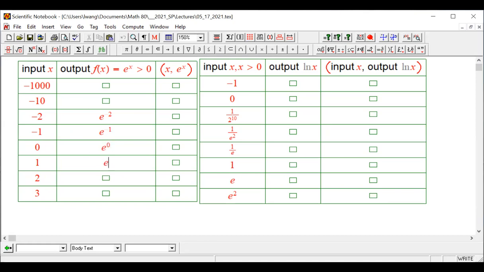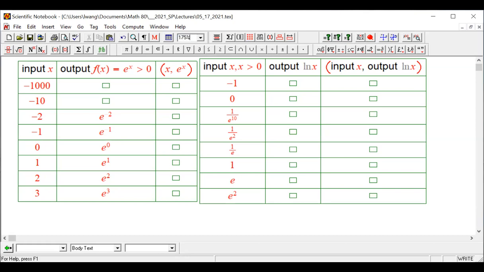So this is e to the power 1, e to the power 2, e to the power 3, if you will. And this is going to be e to the power of 10. And over here, you're going to do the ln.